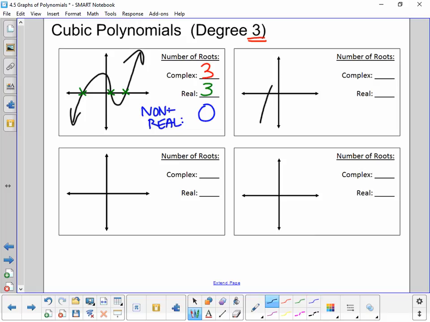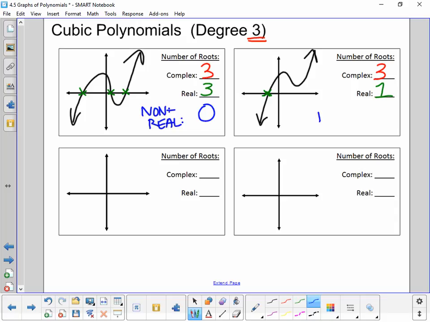Well, a cubic function could also look like this. It's a very similar shape. Maybe you could think of it as being transformed up 4. Again, it's a degree 3 polynomial, so I know it has 3 total complex roots, but when I look at the graph, I can only see evidence of 1 real root.